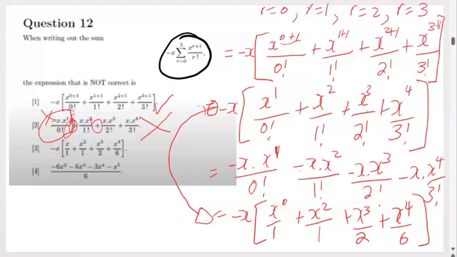Minus x because of the sign. This one is incorrect because of the sign. So here, if you are looking at this one, it is correct. Okay. I bet if you want to simplify, you'd also find that this one is correct.